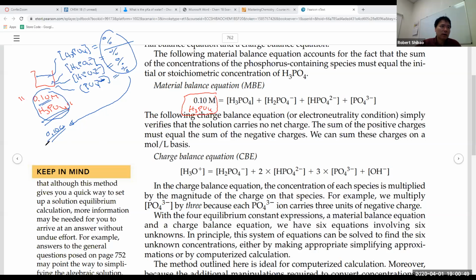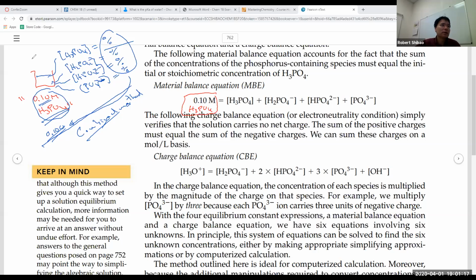And so I don't know if you remember this, but I proposed doing phosphoric acid using the combined method. Does anybody remember the combined method? I proposed using the combined method.